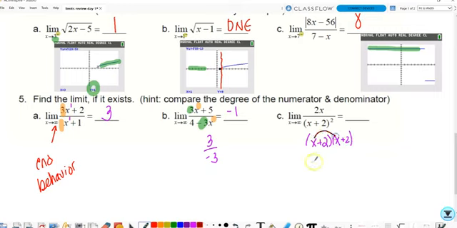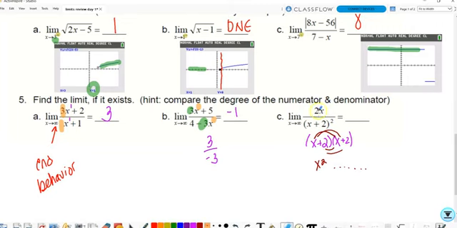And if we were going to multiply this out, I'd get x squared and then the rest of that polynomial. But I only care about this highest power. So we have a power of 1 here, a power of 2 in the denominator. So when the numerator is smaller degree than the denominator, our limit, our end behavior is 0.